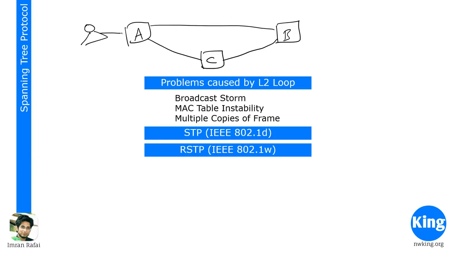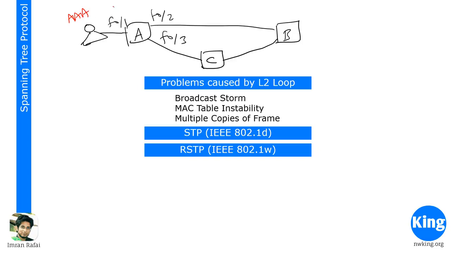So if one device sends a broadcast for whatever reason, and this is F0/1, and this is F0/2, and this is F0/3. Now when this user sends a broadcast to switch A, and let's assume this user has a computer with a MAC address of AAA, right?